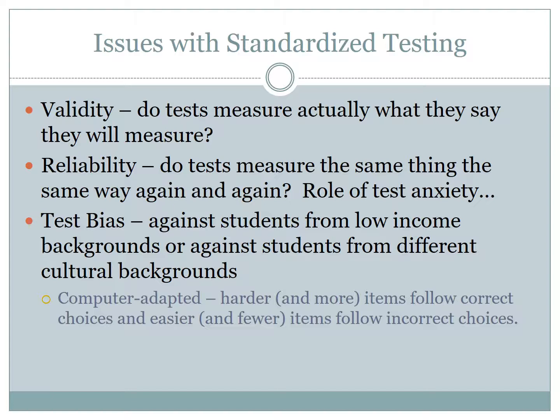For example, I used to administer a test called the KBIT, the Kaufman Brief Intelligence Test. It took about 15 minutes, and it was a screening test that functioned almost like an IQ test. And we would pull students out from class and administer that test before we did the full IQ test. But what I noticed on that test is that it wanted very specific answers to certain, for example, vocabulary items that students from certain backgrounds may not have had exposure to.